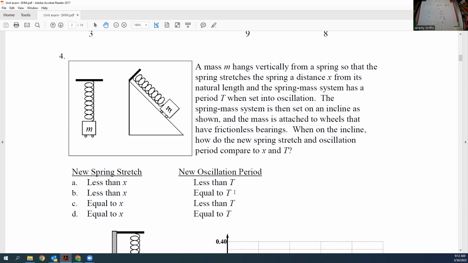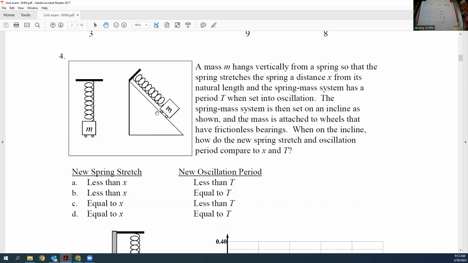Now, if you're thinking about spring stretch, that could probably be Hooke's law, F equals kx. And that might be different, because in the left picture we're getting the full weight of the block, mg, and on the right it should be the sine component of this angle. Another way to think of it is to take things to extremes.